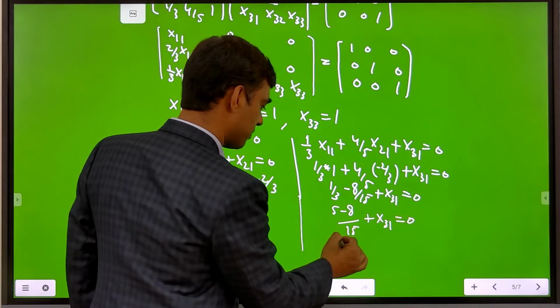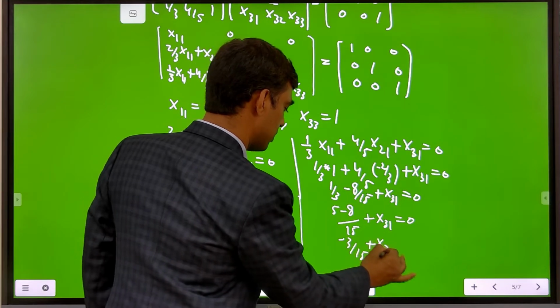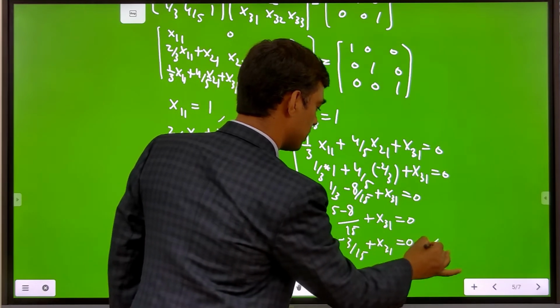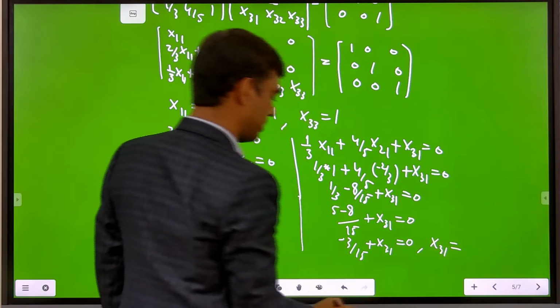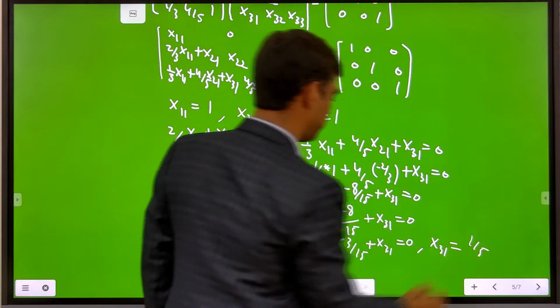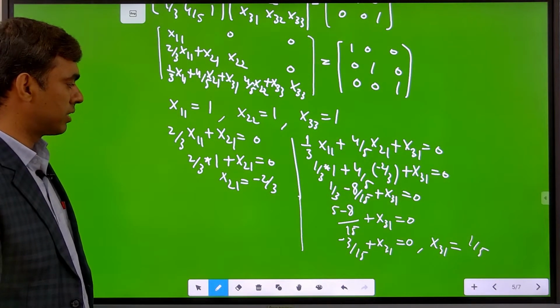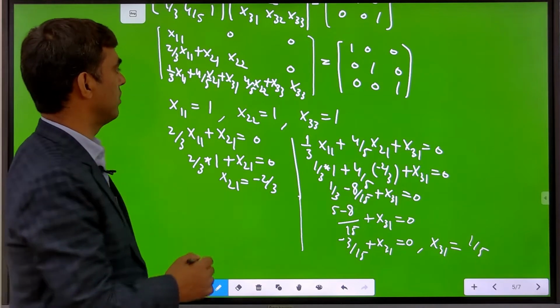Then this becomes minus 3/15 plus x31 equals 0. Similarly, x31 equals 1/5. So this one is the value of x31.